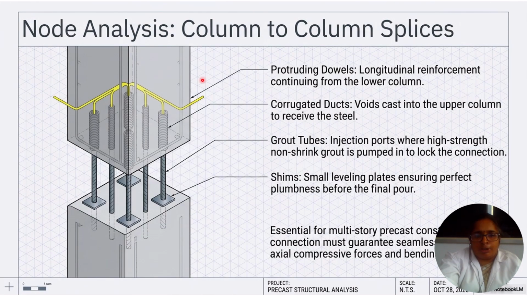The next one is column to column splices. Here we have protruding dowels, that is longitudinal reinforcement continuing from the lower column; corrugated ducts, voids cast into the upper column to receive the steel; grout tubes, injection ports where high-strength non-shrink grout is pumped into the connection; and shims, small leveling plates ensuring perfect plumbness before the final pour.